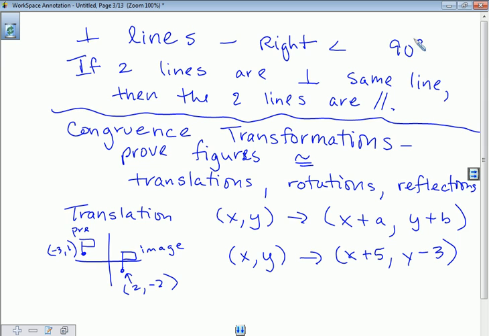So to prove translations, you're just showing that you're adding something to your x and you're adding something to your y. So what can I do to shift from the pre-image to the image? We could write it as a mapping. (x, y) goes to (x + 5, y - 3). We have used a mapping to prove congruent figures.